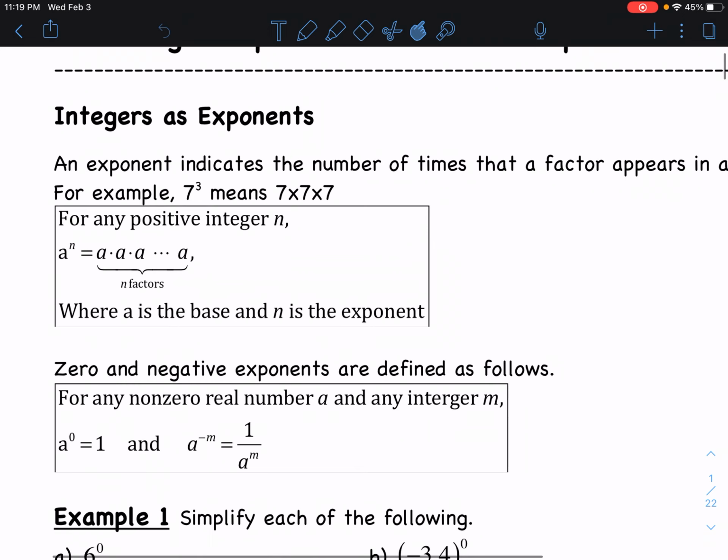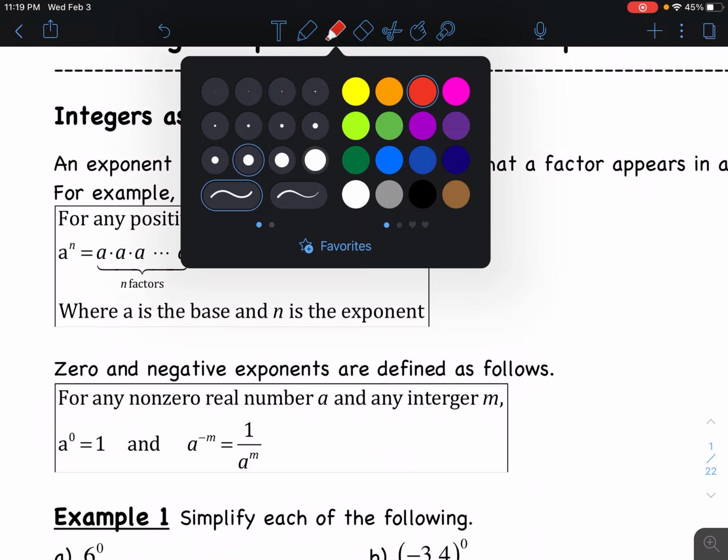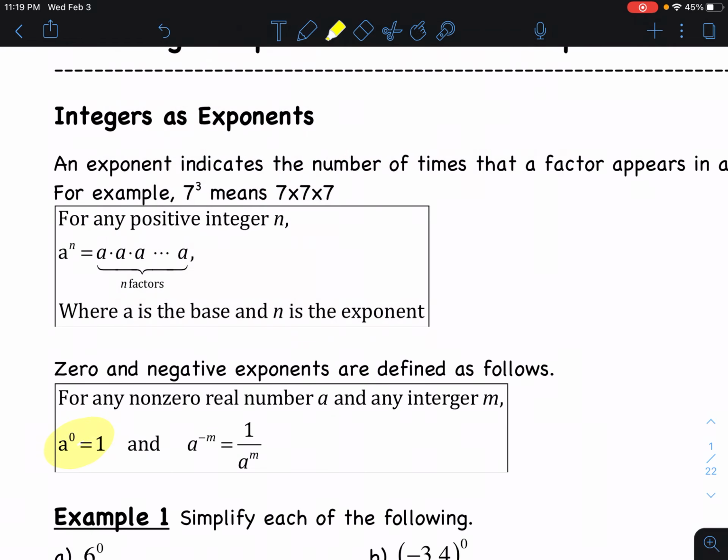Next up, 0 and negative exponents. We've got to do this rule before we go over the problems below. The first one here is anything to the power of 0 equals 1. So if you have 5 to the power of 0, it's not 5, it's 1.